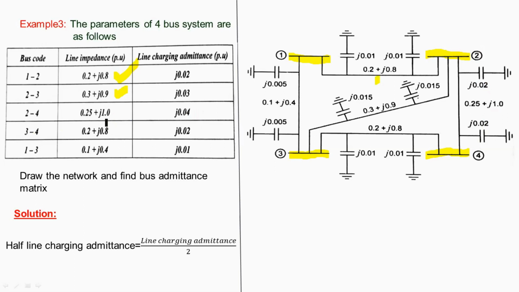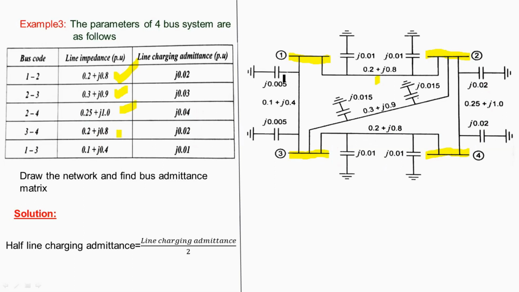Then between 3 and 4, the value is 0.2 plus j 0.8, with half line charging admittance j 0.01. You get another transmission line between 3 and 4.